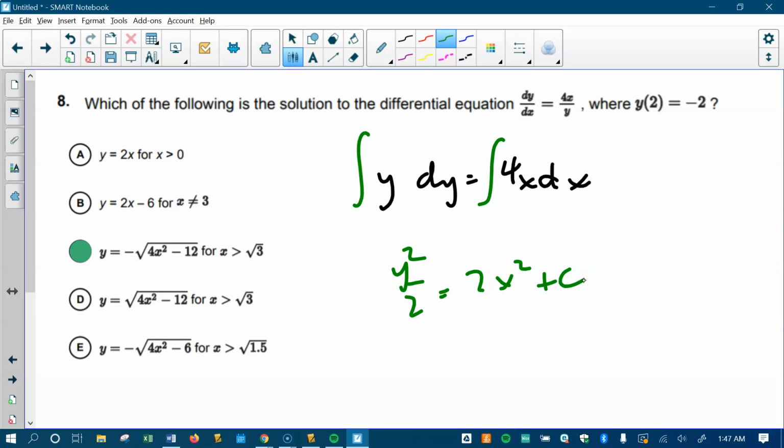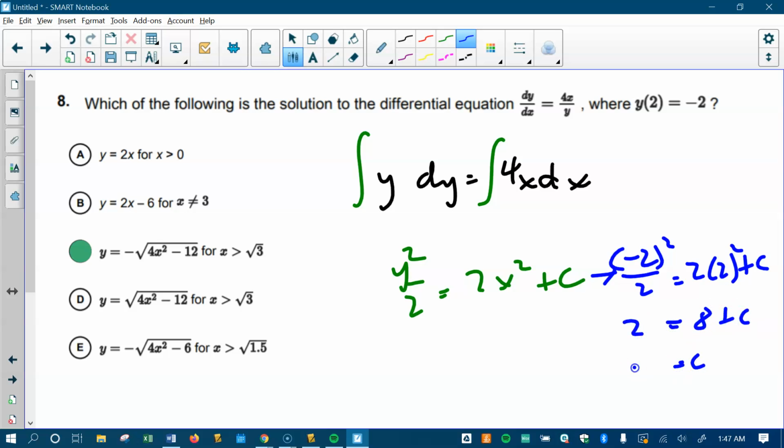Now plugging in negative 2 and 2, I get negative 2 squared over 2 equals 2 times 2 squared plus c. We get 2 equals 8 plus c, which means c is equal to negative 6. So now I plug in c. I get y squared over 2 equals 2x squared minus 6.